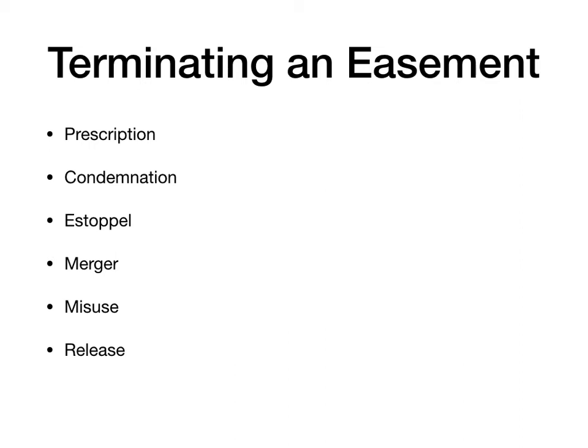Now, in order for a release to be enforceable, it must be in writing, and it must be delivered to the servient owner. That is necessary because it needs to comply with the statute of frauds. So absent following those formalities, a release would not officially terminate the easement.